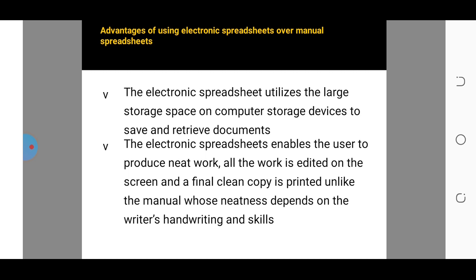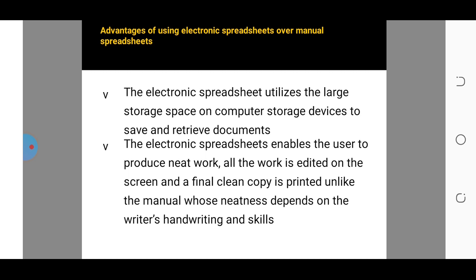Storage purposes, you will realize that under electronic spreadsheets, there is a lot of storage space, so you can save as many sheets as possible on the computer. And then you can retrieve your documents at any time you wish.